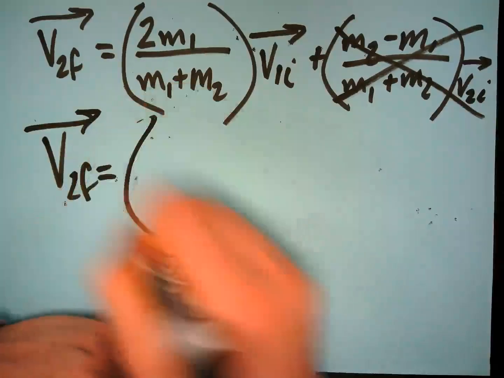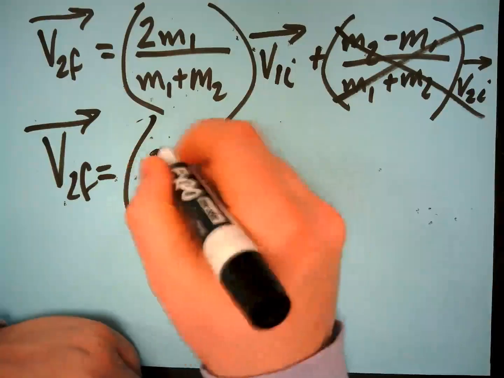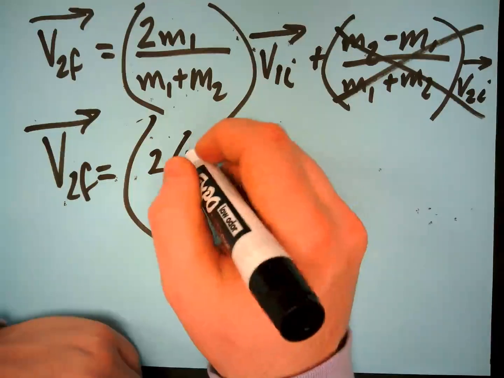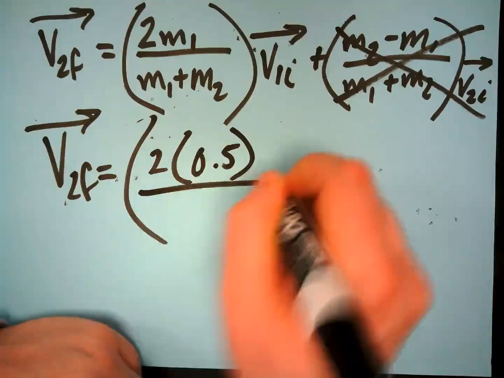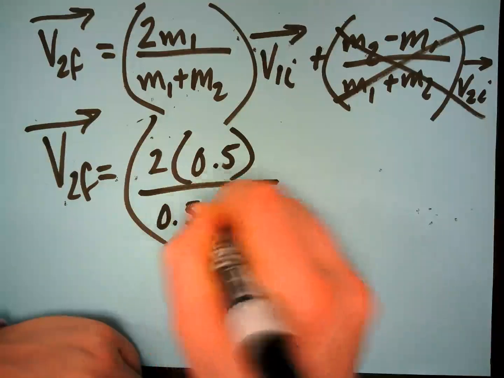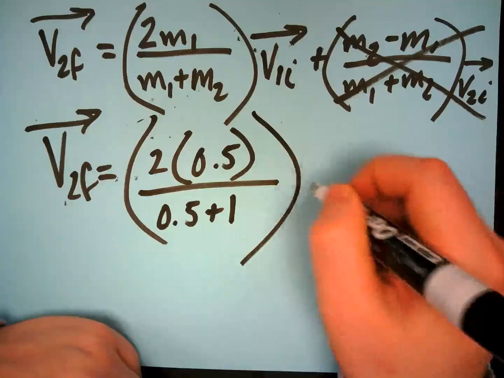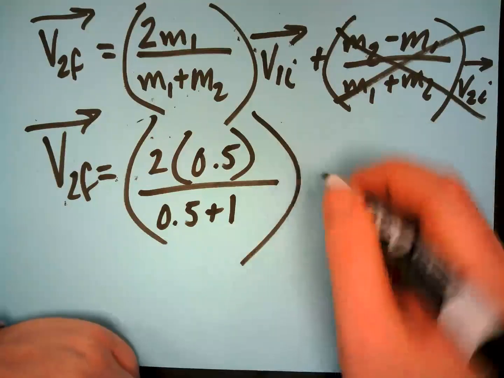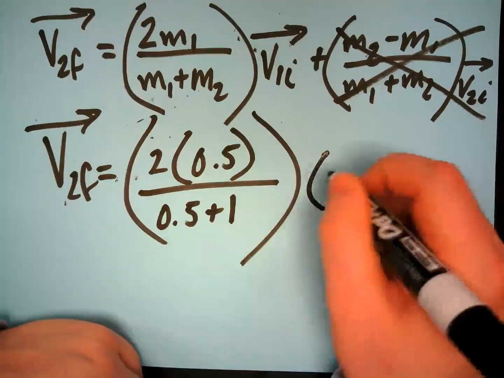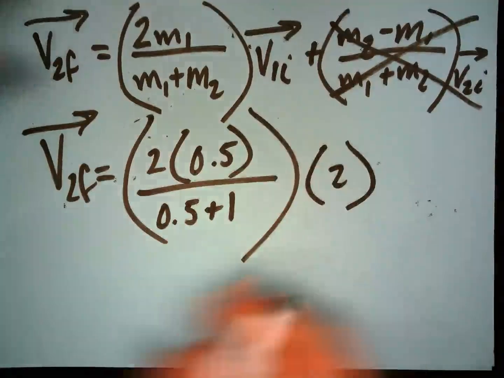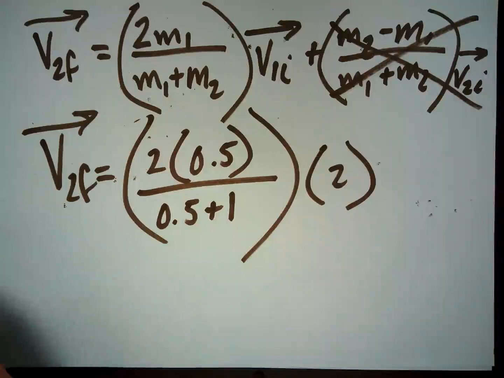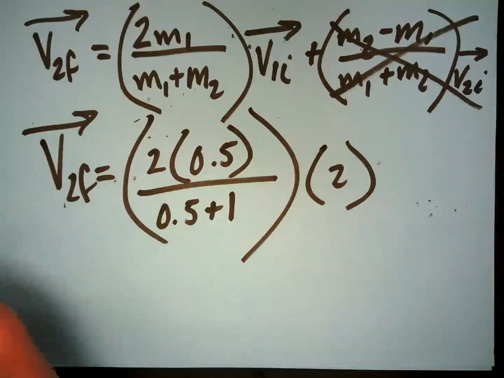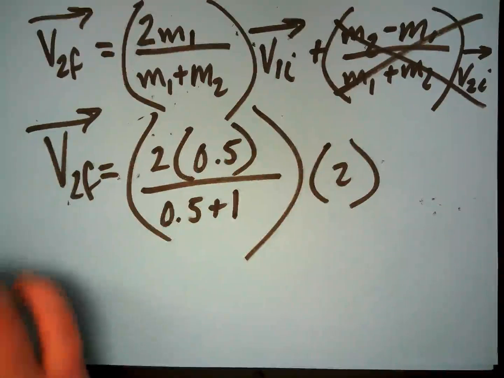So then we got this: 2 times m1, which is 0.5, all over 0.5 plus 1, times the initial velocity of our first cart, which is 2. So that's 2 times 0.5 divided by 0.5 plus 1, times 2.